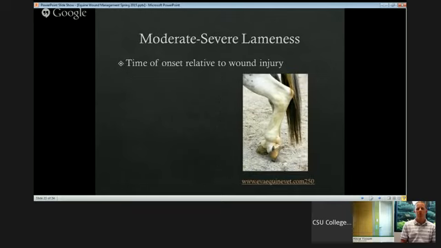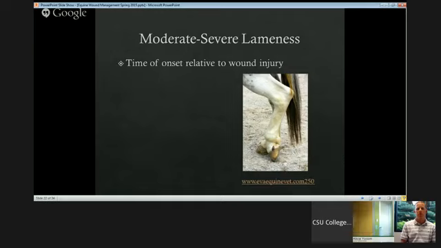Other times that we look deeper and use other forms of diagnostics are when the horse develops a moderate to severe lameness. Sometimes this can occur at the time of injury, and sometimes this can develop later in the healing process, even a few days later or a few weeks later.